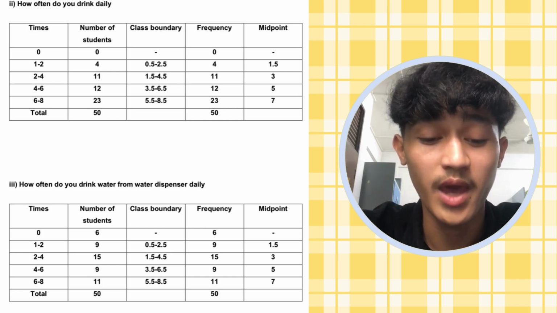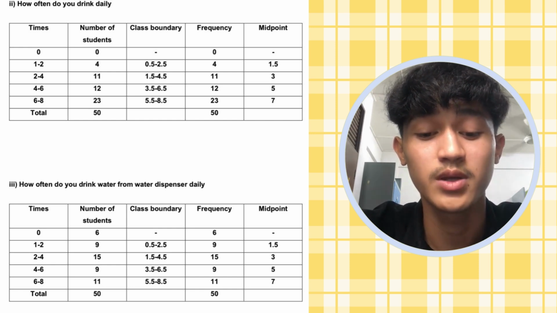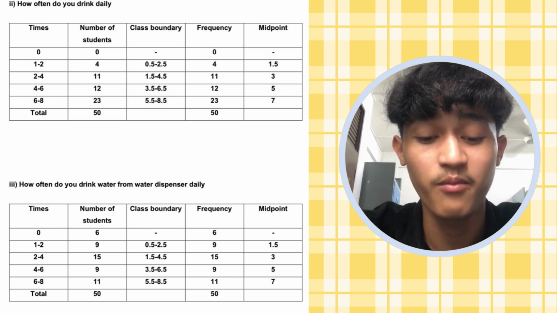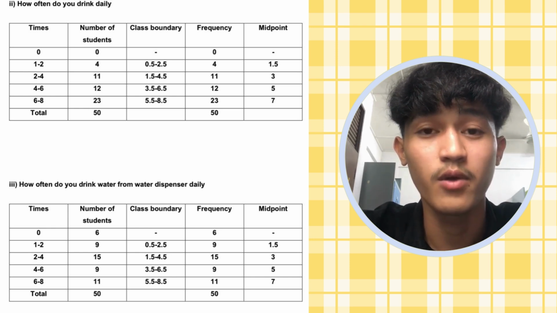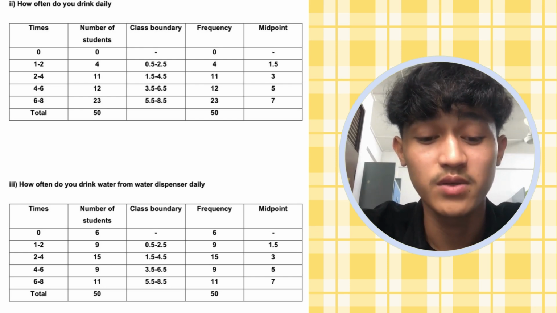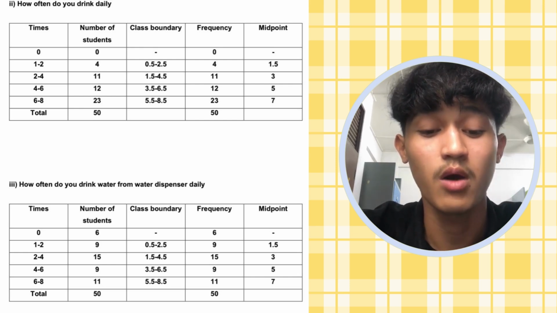For 6 to 8 times, numbers of students is 23, class boundary 5.5 to 8.5, frequency is 23, and the midpoint is 7. Total number of students is 50. For question 2, how often do you drink water from water dispenser daily?